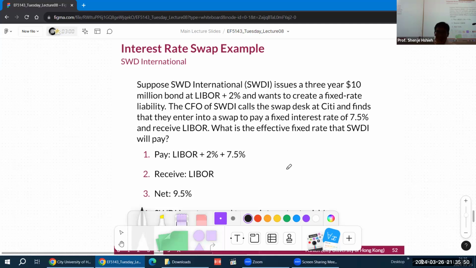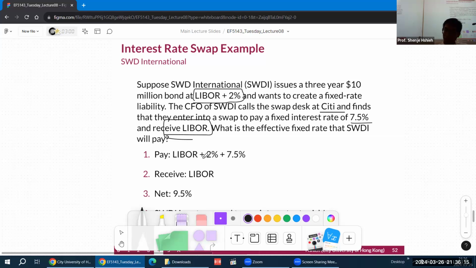All right, another example. Suppose SWD International issues a 3-year $10 million bond at LIBOR plus 2%. So they have liabilities of LIBOR plus 2%, and they want to create a fixed rate liability. So they engage in a swap contract with Citibank to pay a fixed 7.5% and receive LIBOR.